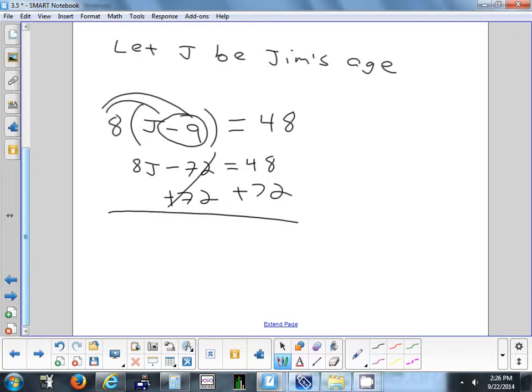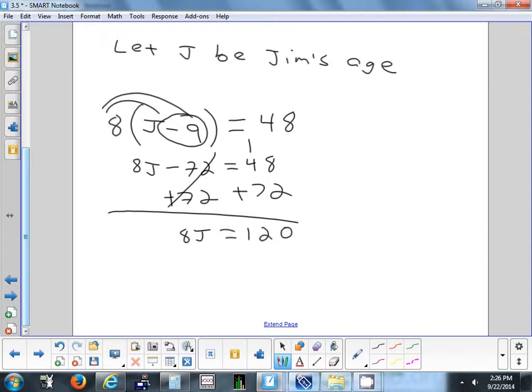Those cancel. And here's where if you need your calculator, you can use it, or let's just try to add them up. 8 and 2 gives me 10. 4 and 1 is 5. 5 plus 7 is 12. What's still on the left-hand side, though? 8J. Yeah, Jim's not 120, right?